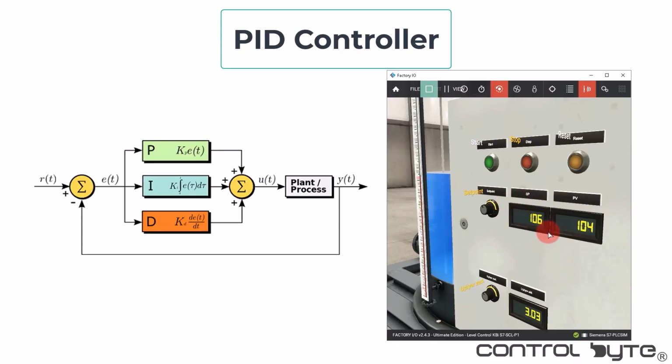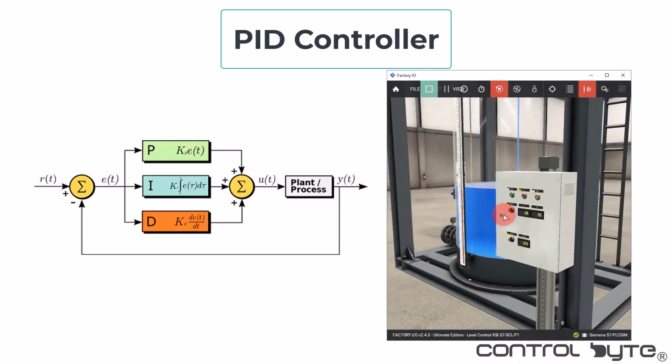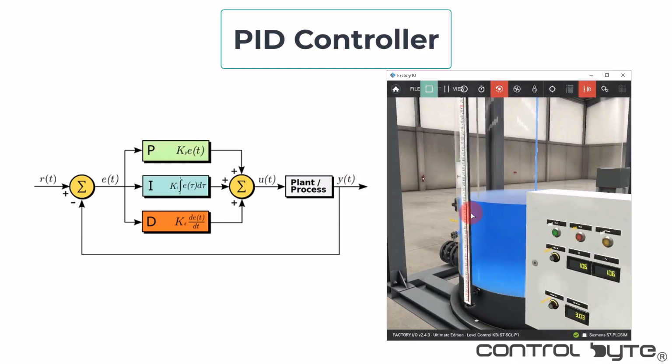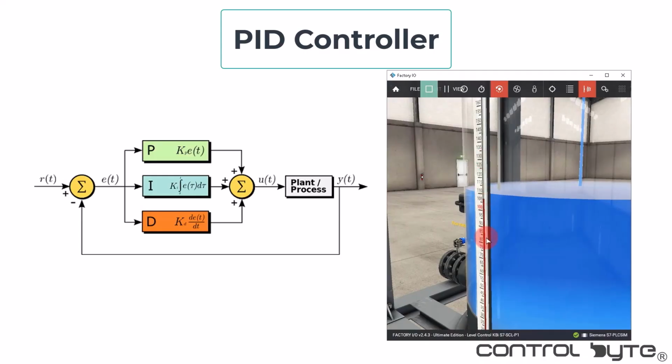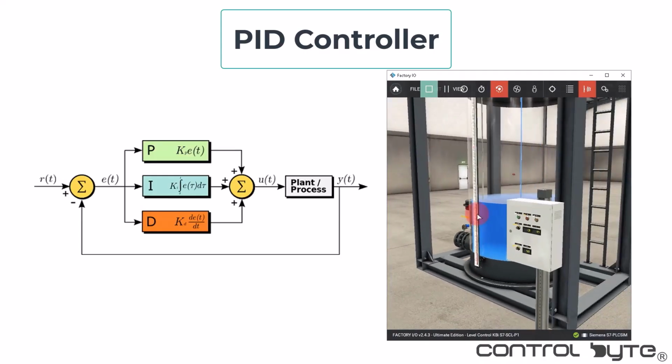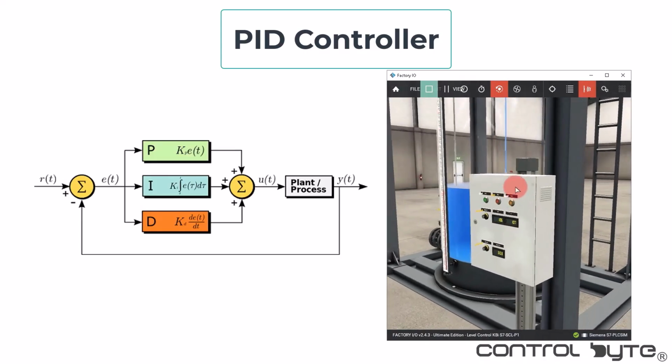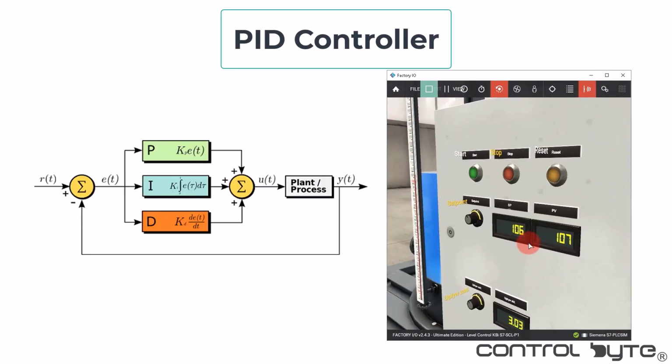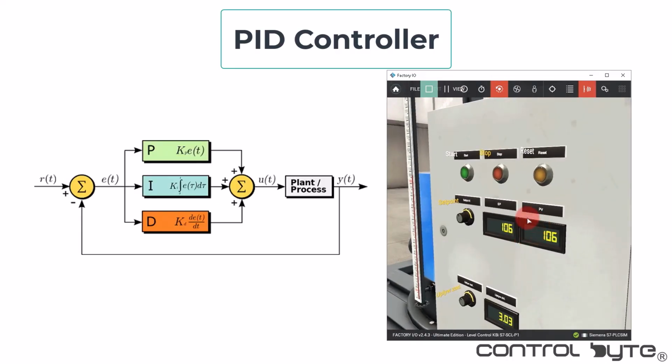At the system output, we have the measurement signal Y of t. In the simulation environment, the measurement signal comes from the measuring ruler. It also outputs a voltage signal, and after scaling, we obtain the liquid level in centimeters. This value is displayed on the right-hand display.